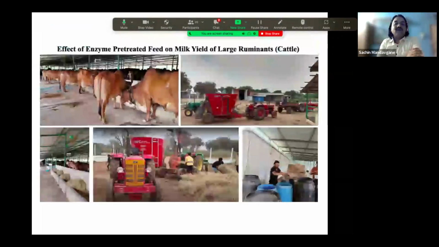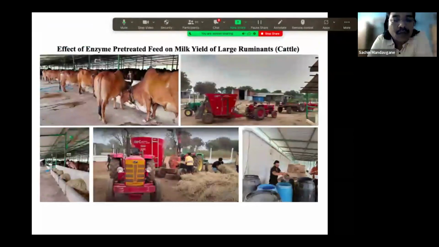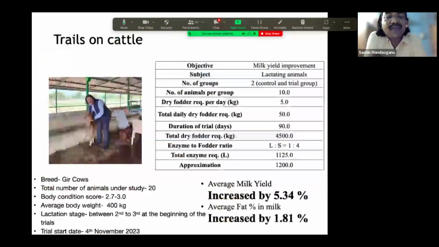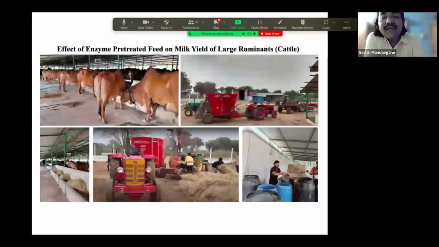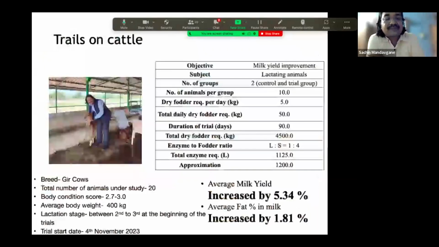Then this is about the use of enzyme treated crop residue as fodder. We tried it on cattle. We are thankful to NDDB because they helped us in carrying out the entire trials. We merely provided the enzyme, and my scholar did the enzyme characterization and synthesis, and he was there on the farm while carrying out this trial for 90 days.